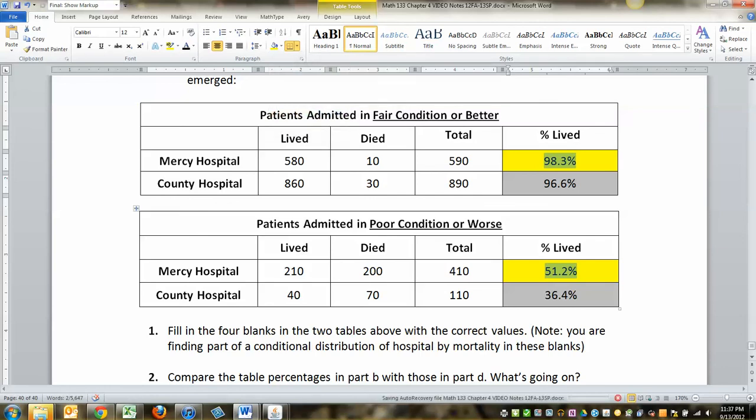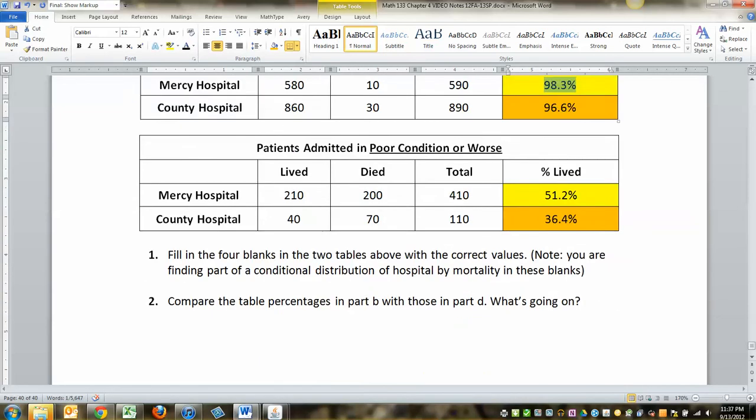Both of those percentages are higher than County's. You see it? They did better with their poor patients. They did better with their good patients, their fair patients. Okay? So being admitted with a gunshot wound, you're far more likely to survive at Mercy. But even being admitted in good condition, you're far more likely to survive at Mercy.